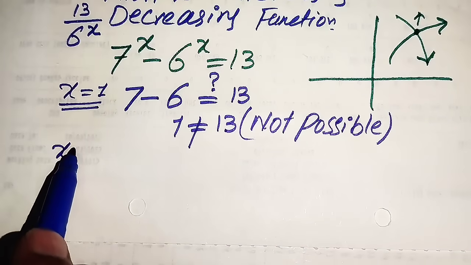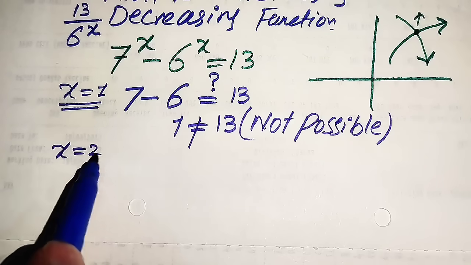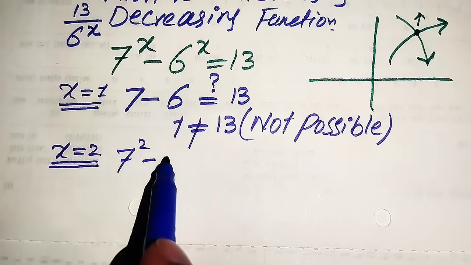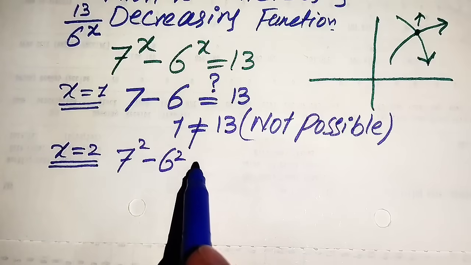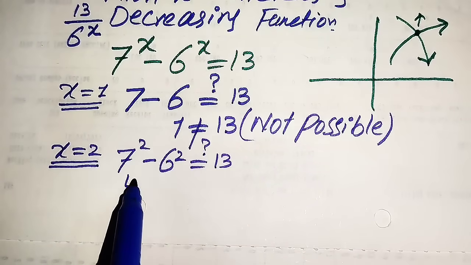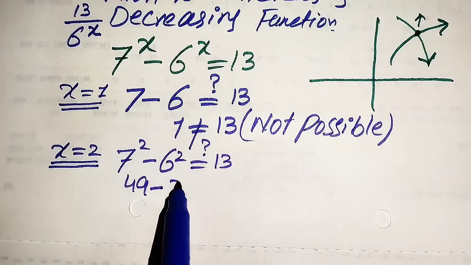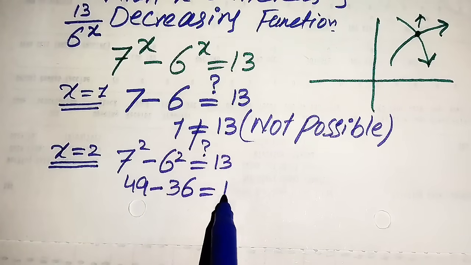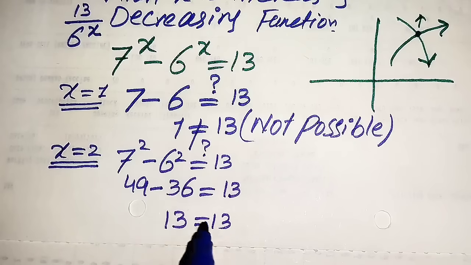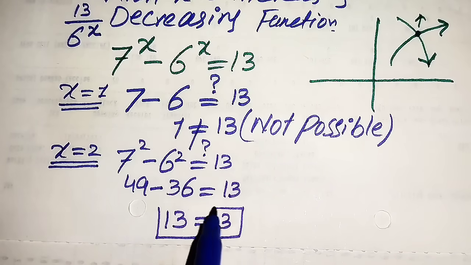And when we choose x is equal to 2, then this becomes 7 squared minus 6 squared is equal to 13 or not. So 7 squared becomes 49, 6 squared becomes 36, is equal to 13, and here you clearly see that 13 is equal to 13.